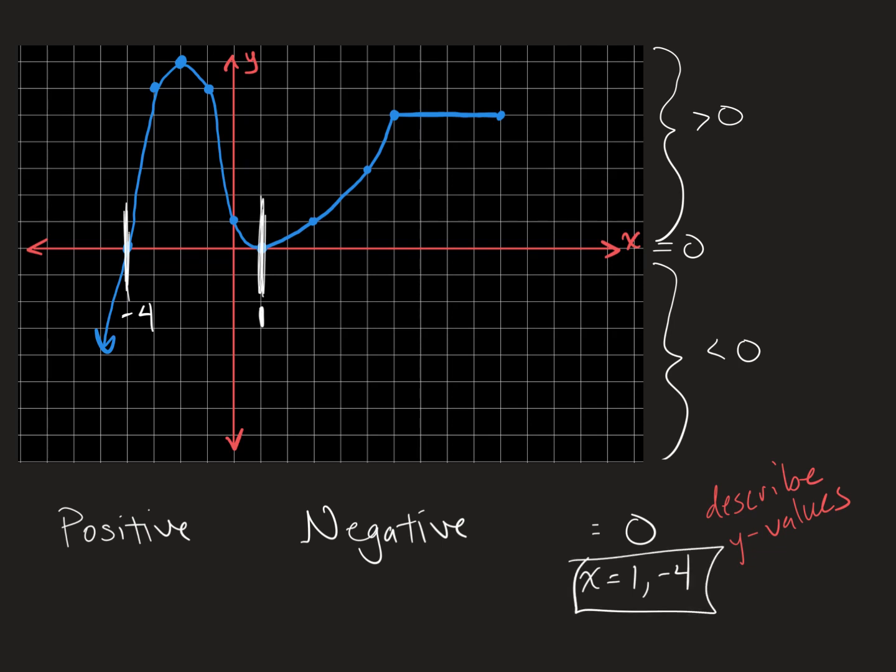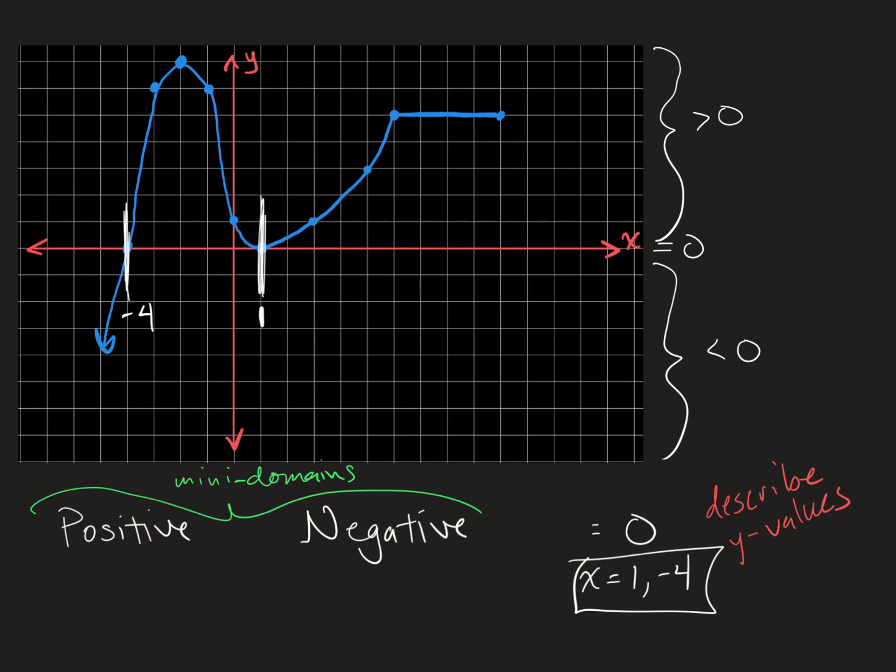You also, just like with increasing, decreasing, and constant, can think of these as mini domains. So we are going from left to right. As I start here, I'm just going to label them now really quickly. And really all we have to do is figure out, is this above or below the x-axis?